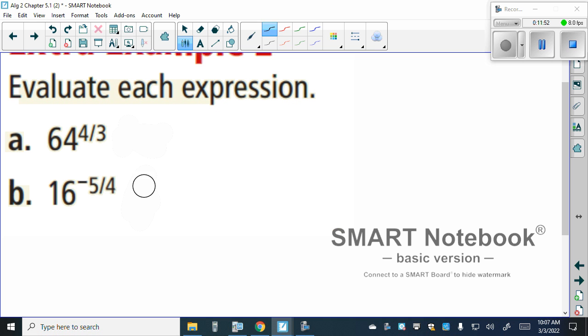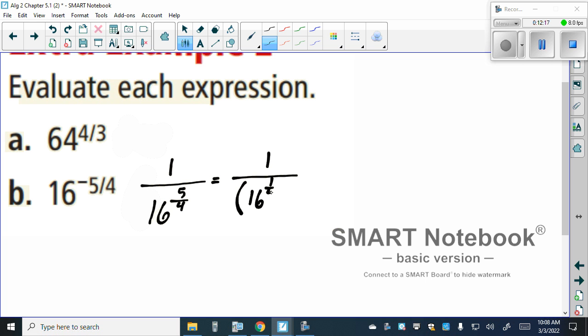For the other one, anytime we have a negative exponent, I know the first thing I'm going to have to do is move it from the numerator to the denominator. And that gives us 5/4. And we can break it apart and say 16 to the 1/4 to the 5th.